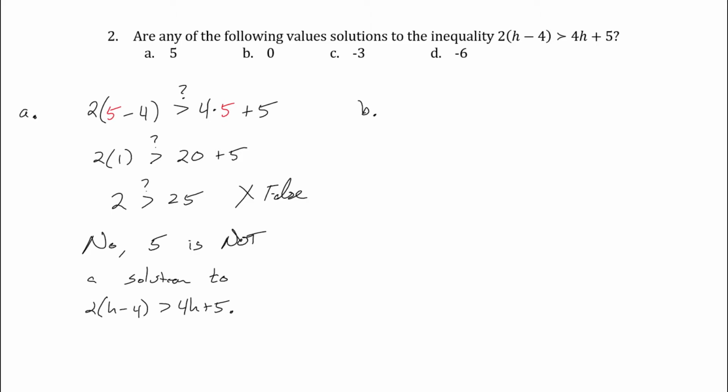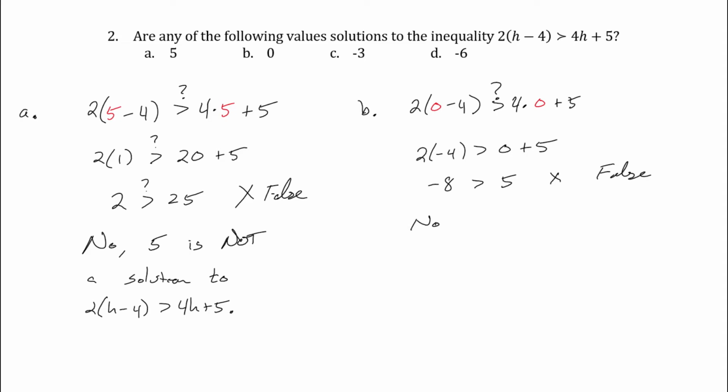All right, let's check 0. So I'll go 2 times 0 minus 4. Is that greater than 4 times 0 plus 5? Here we get 2 times negative 4 is greater than 0 plus 5, and so I get negative 8 is greater than 5, and that's false here as well.